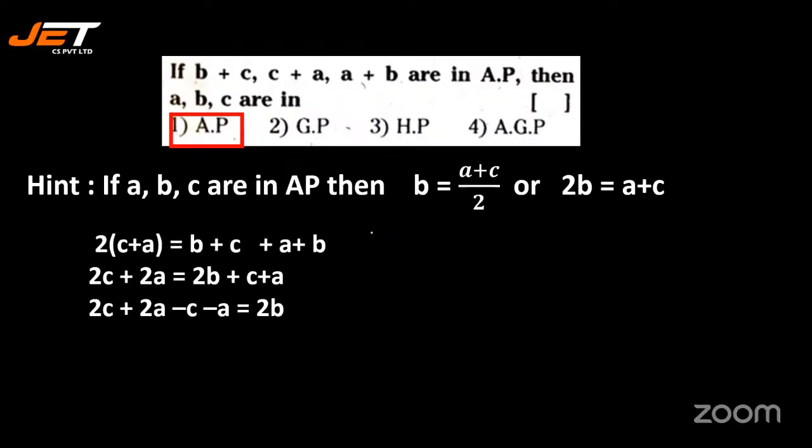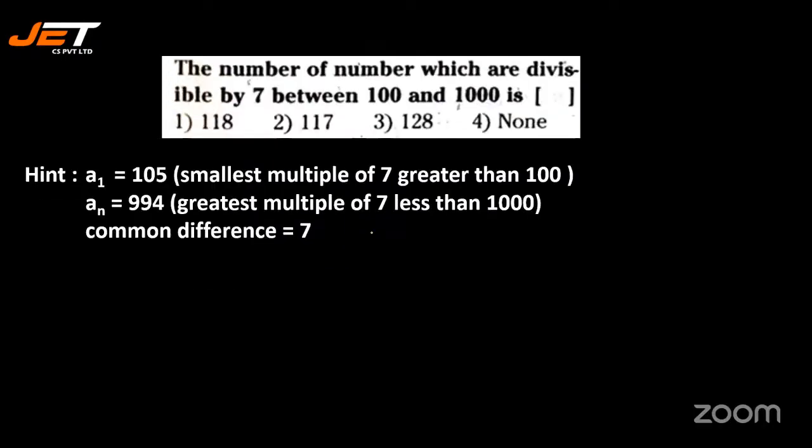Okay, so you can see here, twice of B is A plus C. You can substitute and expanding, you get A plus C is 2B. Okay. So thus you can say that it is in AP. Yes. See the next question.